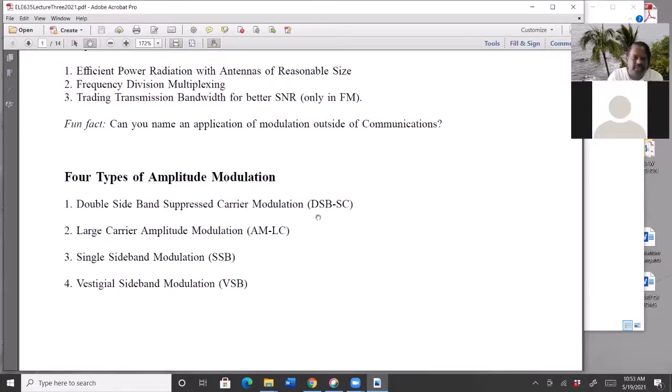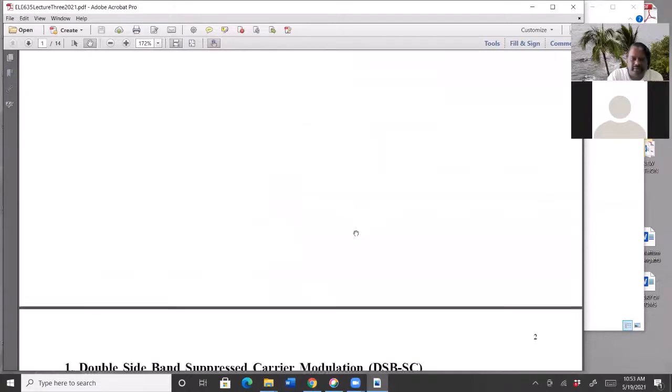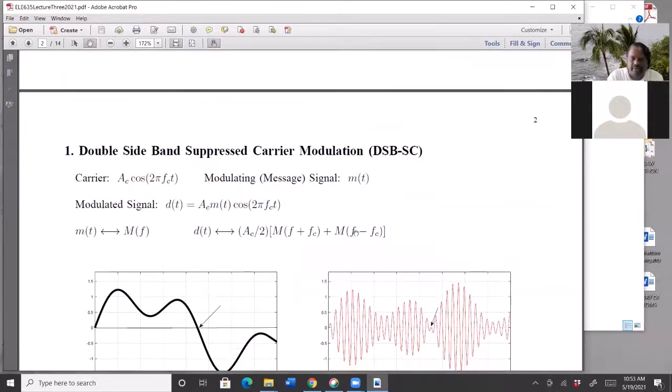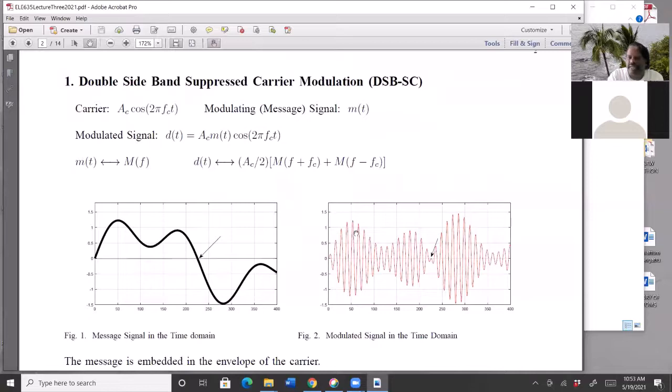Okay, so the first topic is double sideband suppressed carrier modulation. I will often use the abbreviation DSB-SC. Okay, what is DSB-SC? So you have a message signal.